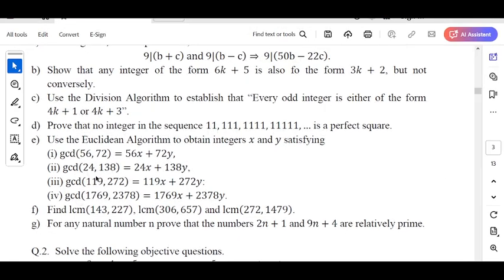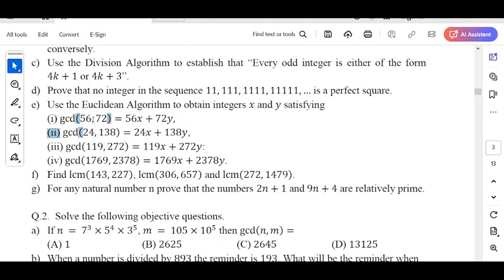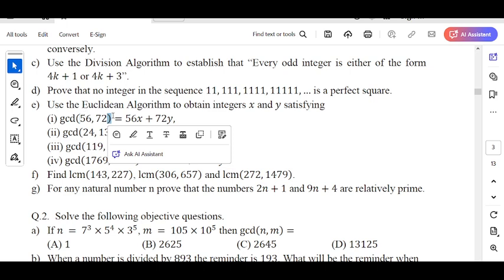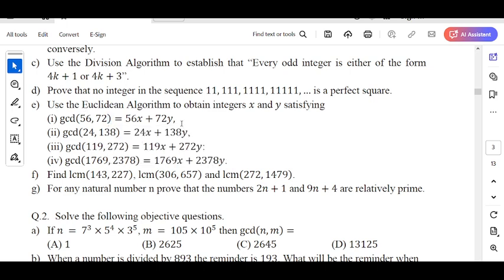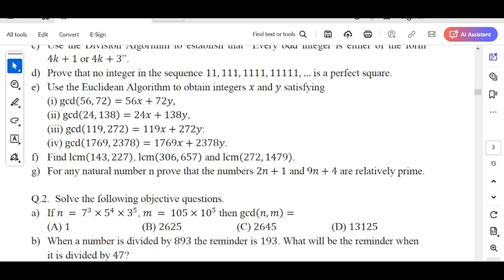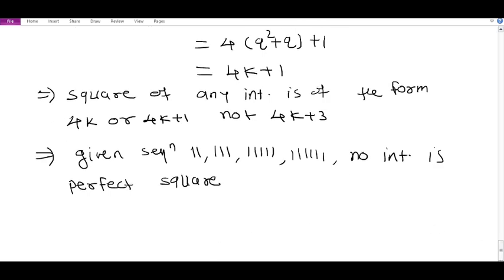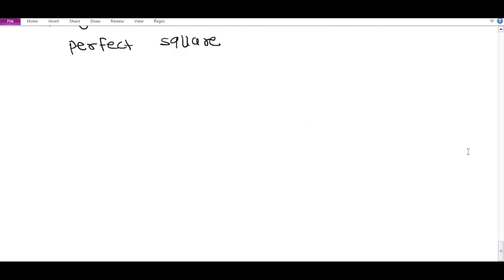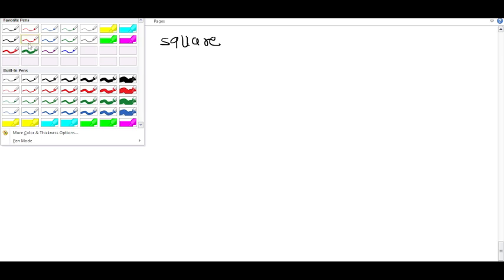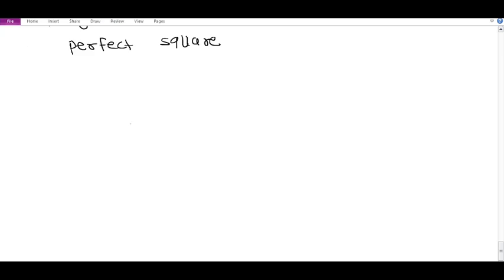Now the last one, we want to first find the GCD of 56 and 72, and we want to express that GCD as a linear combination. So this is very simple, 56 and 72. So I am writing here, example number 5.